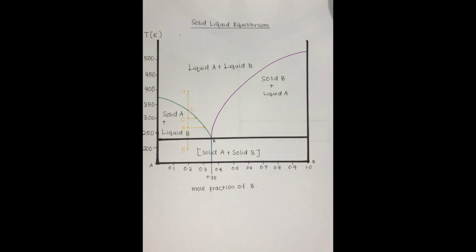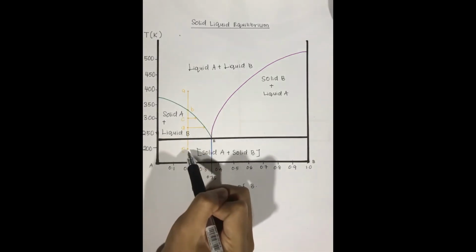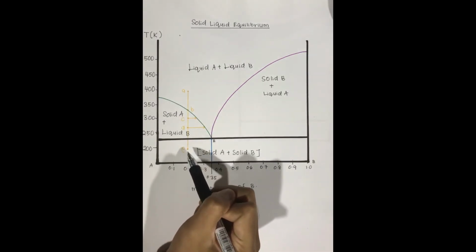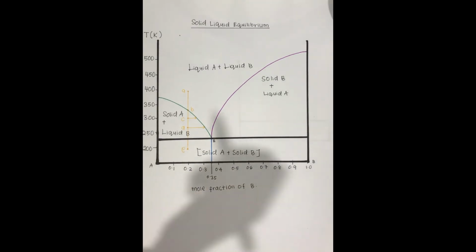Then, if it continues cooling down until here, I label it as point E. This is the eutectic point, and solid A has formed. If you want to know how much solid A has formed at this point, we can do some simple calculations.